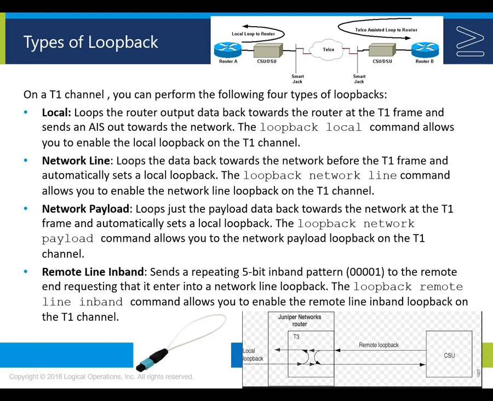The local loop to the router loops the router output back towards the router at the T1 frame and sends the signal out towards the network. The loopback local command allows you to enable the local loopback on the T1 channel. The network line before the T1 frame allows you to enable the network line loopback on the T1 channel.